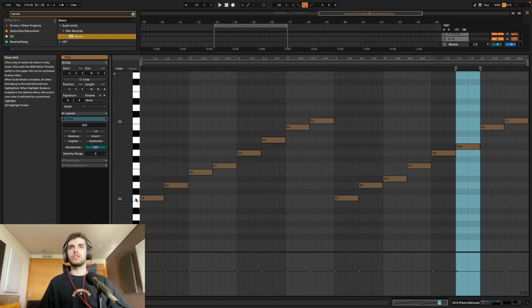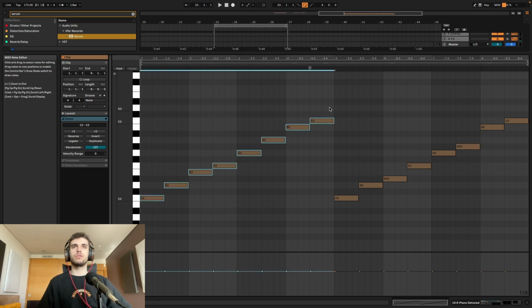A major scale is built out of 7 tones, 7 notes, and the 8th one is the octave higher, so it just repeats. It's the same note, but with an interval of 12 semitones higher. So these are the 7 notes that make the C major scale.